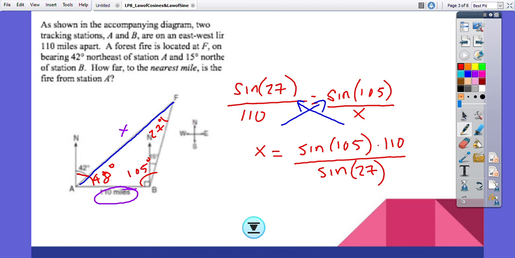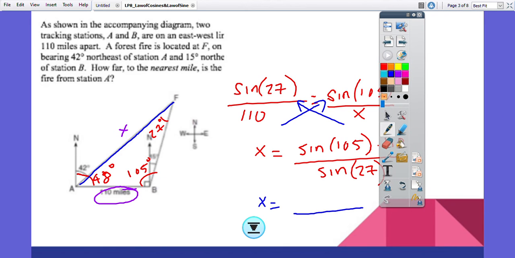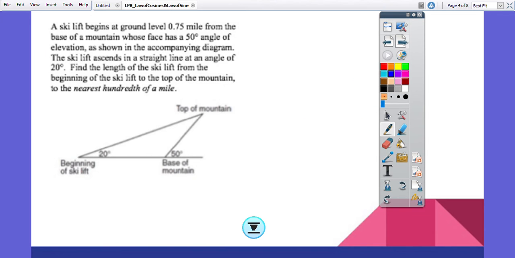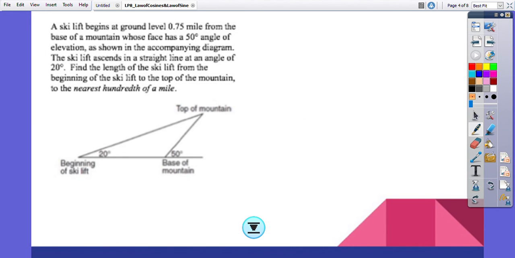Okay, so you punch that into your calculator and you're going to get x equals whatever that distance is. So I'm going to allow you to calculate that on your own. I think that's pretty straightforward, but that is essentially how you set up ratios for the law of sines. Let's go ahead and work on another problem using the law of sines.